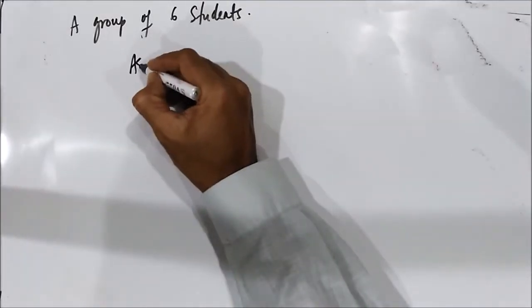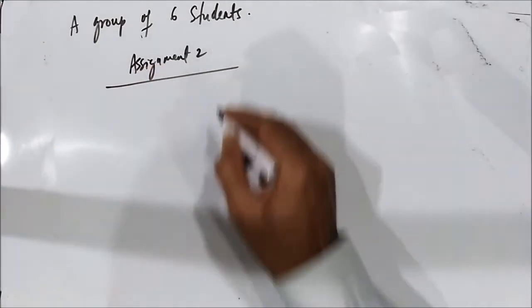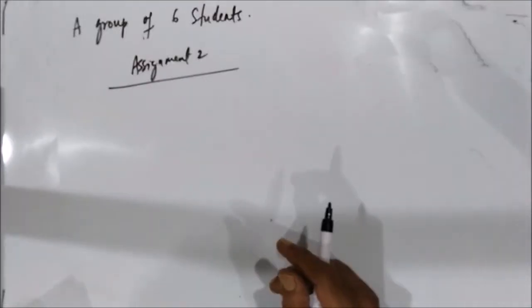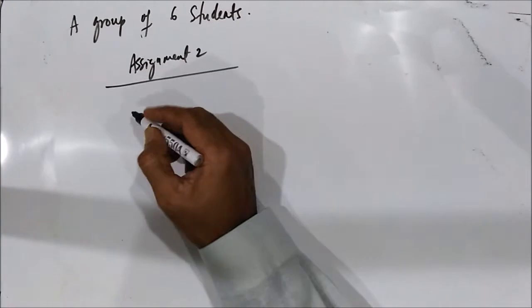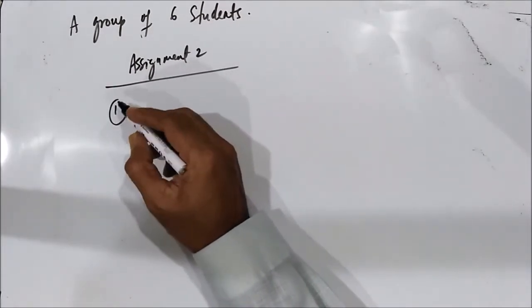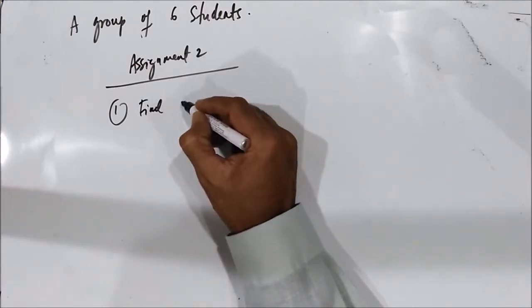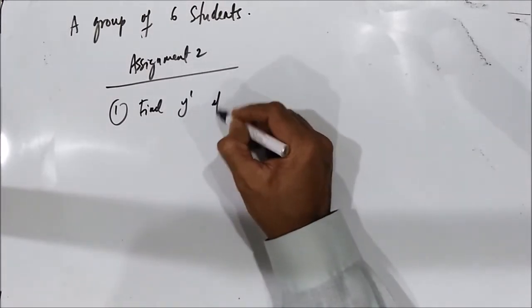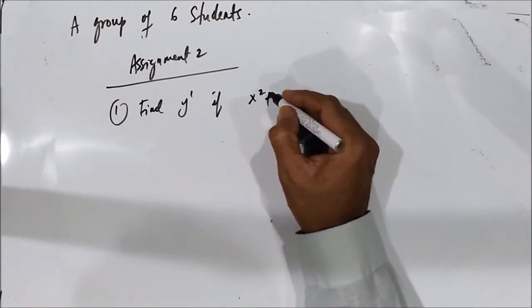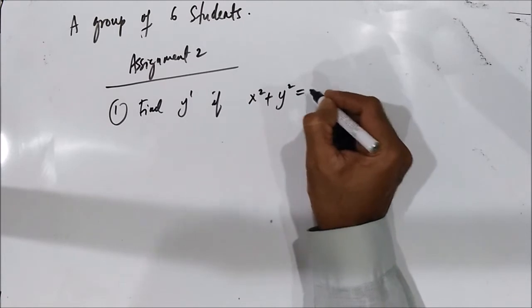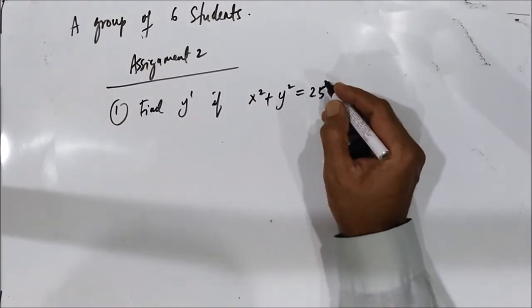So find y prime on number 1. Find y prime if x squared plus y squared is equal to 25. These are implicit differentiation. Okay.